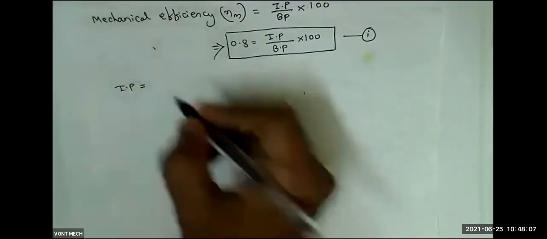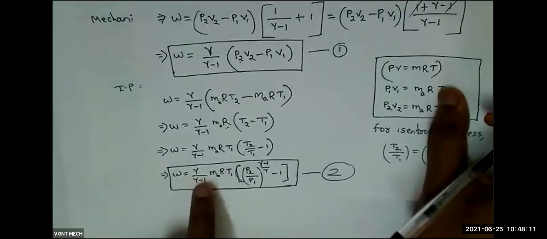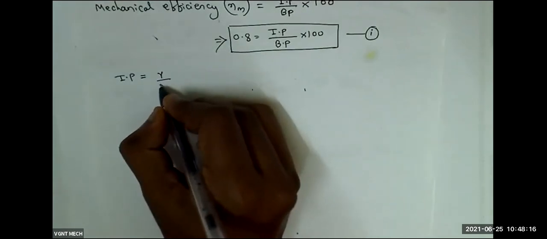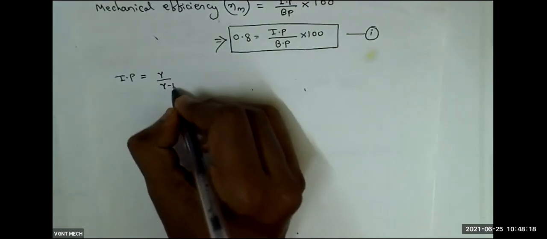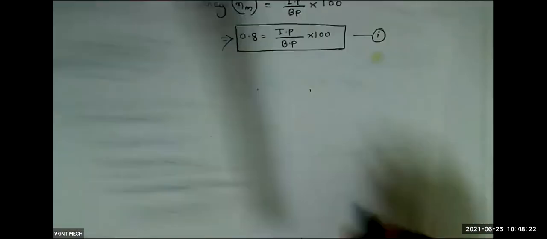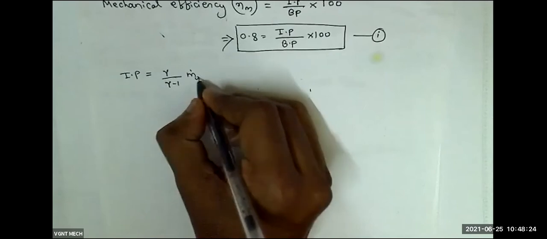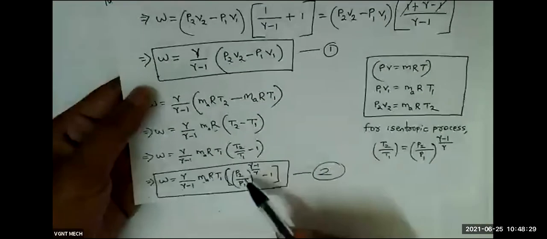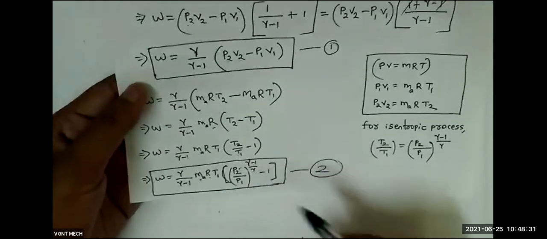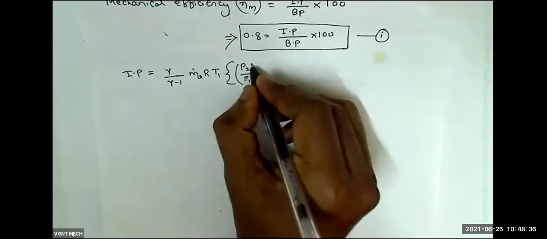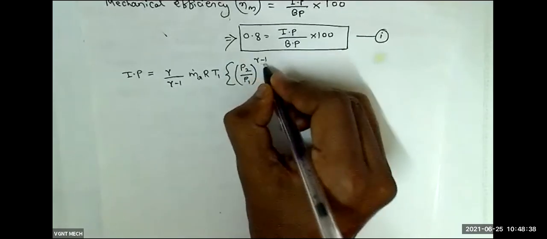What is the formula? The same formula we have to apply here. The formula of the work done: gamma divided by gamma minus 1, mass flow rate of air into R into T1, whole into (P2 by P1) whole to the power gamma minus 1 by gamma, minus 1.